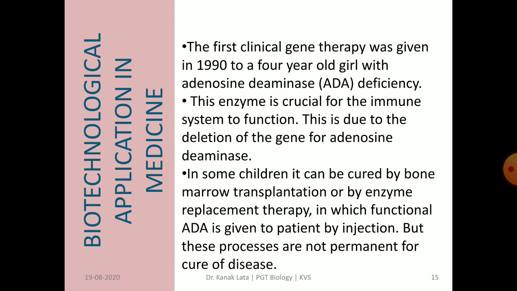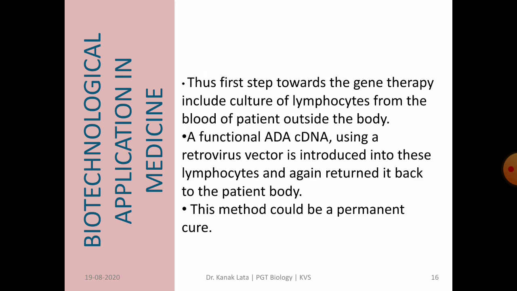In some children, it is cured by bone marrow transplantation or by enzyme replacement therapy, in which the functional ADA is given to the patient by injection, but it is not a permanent method to cure the disease. So the permanent method is gene therapy, that is introduction of gene.